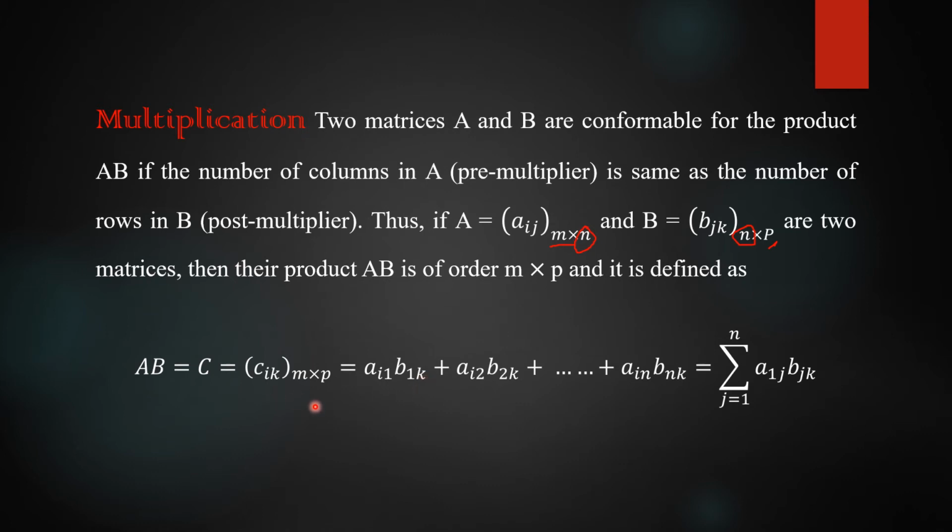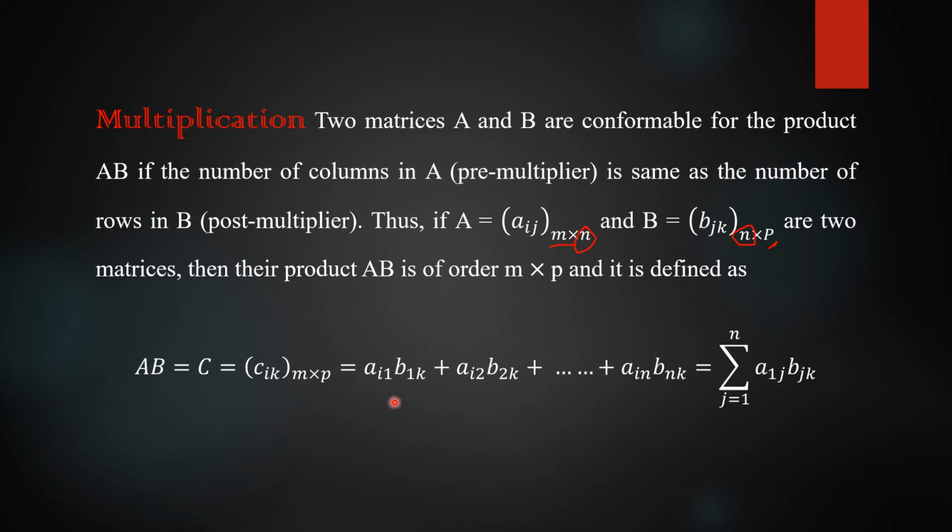So that is B1k. Here also 2 and B2k, like this, up to N and Bnk.